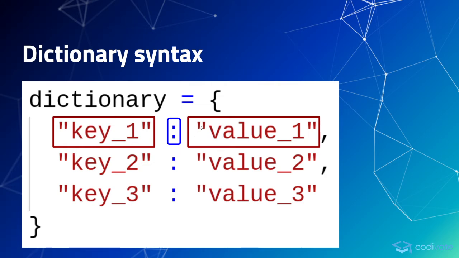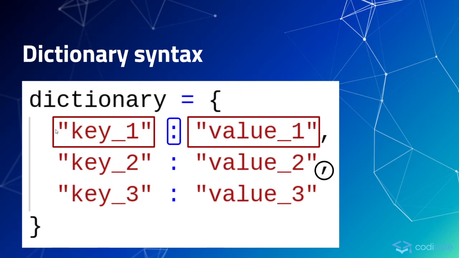We can have floats, ints, booleans on either side of these. One thing to notice is that each key value pair is separated by a comma. So between each key value pair, similar to what we have with lists, we need a comma. This is just one way to format a dictionary nicely.